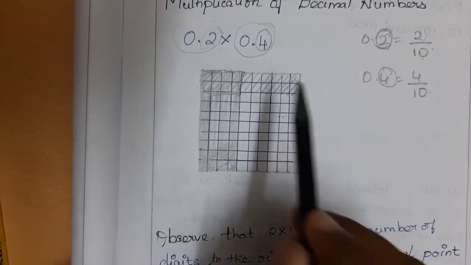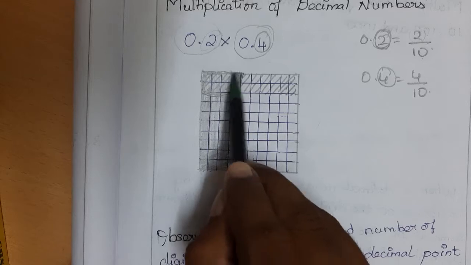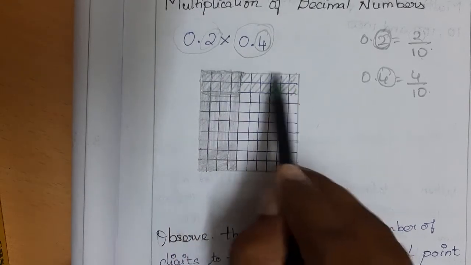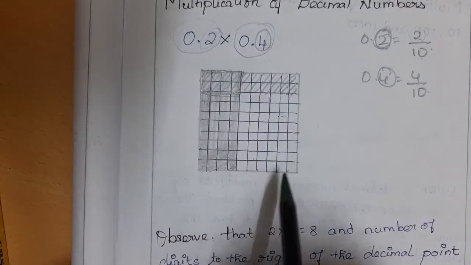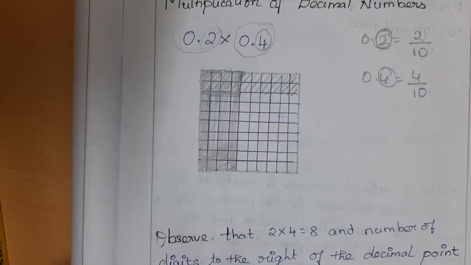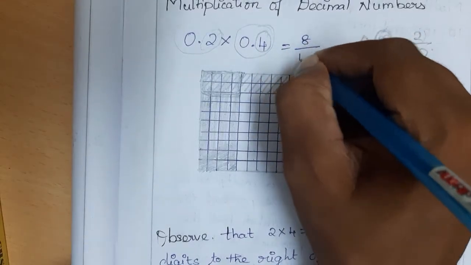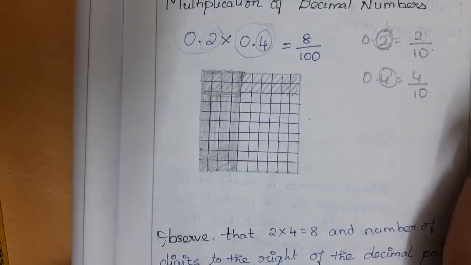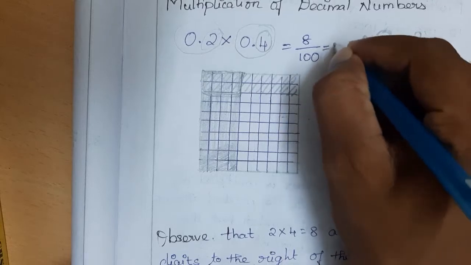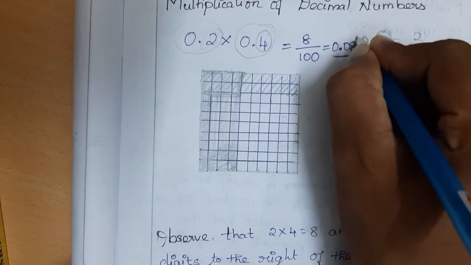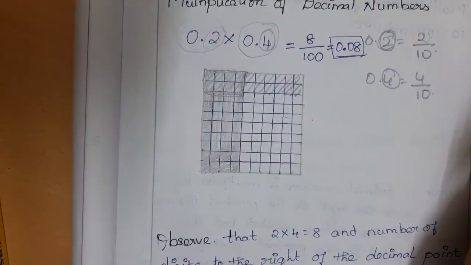Now how many parts are shaded here? 1 2 3 4 5 6 7 8. So 8 among a total of 100 parts. So it is 8 hundredths, which in decimal we represent as 0.08. So this is the answer.